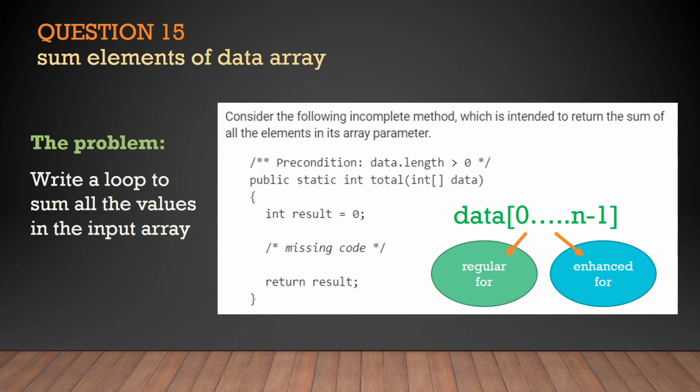Yes, that works. Lovely. And this one, regular loop, k less than data.length, k plus plus, result plus equals data[k]. Yes, now that works. So 2 and 3 both work. That means that our answer would be E, 2 and 3. And confirmation? Yes.